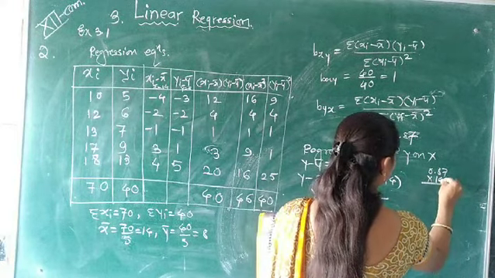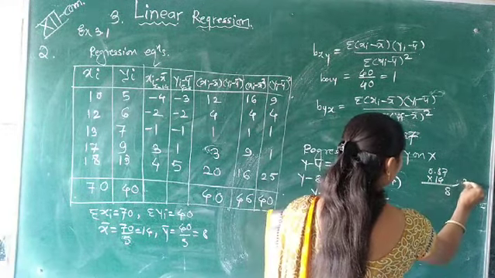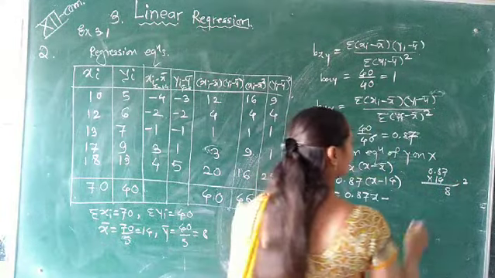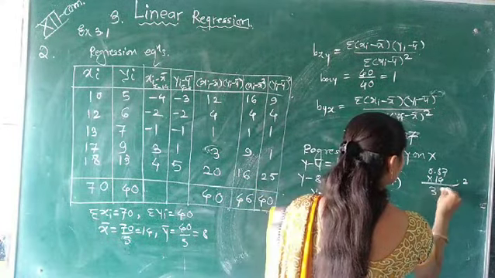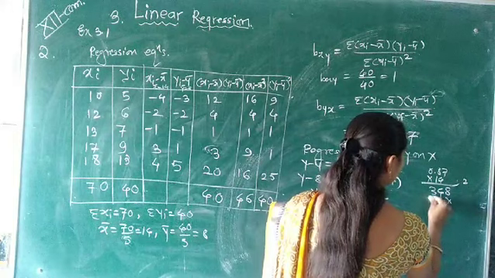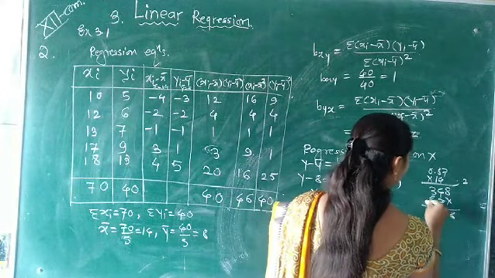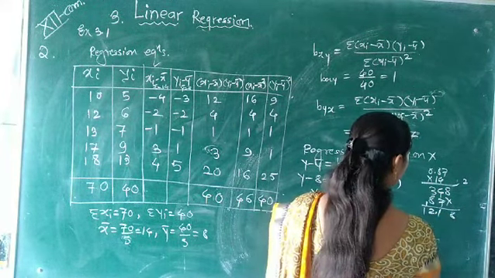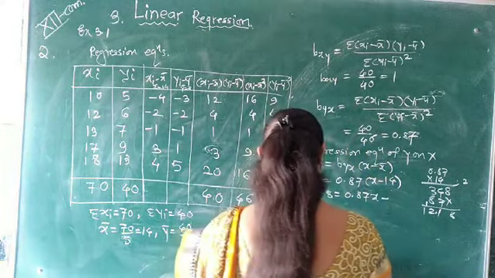So take the product: 4 sevens are 28 and 4 eights are 32 plus this 2, that is 34; 7 and 8, 8, 11 and it is 12, hence which is 12.18.